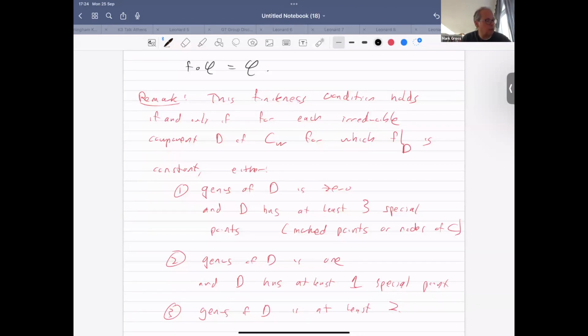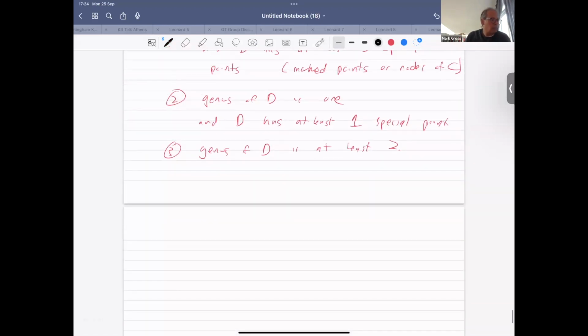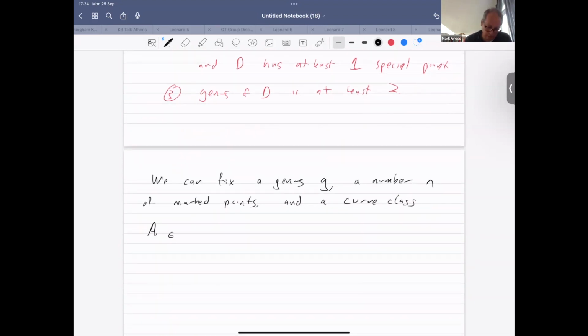It's been itself a big field. So now the main point here, now we can fix a genus g, a number n of marked points, and a curve class A in the second homology of our target space.